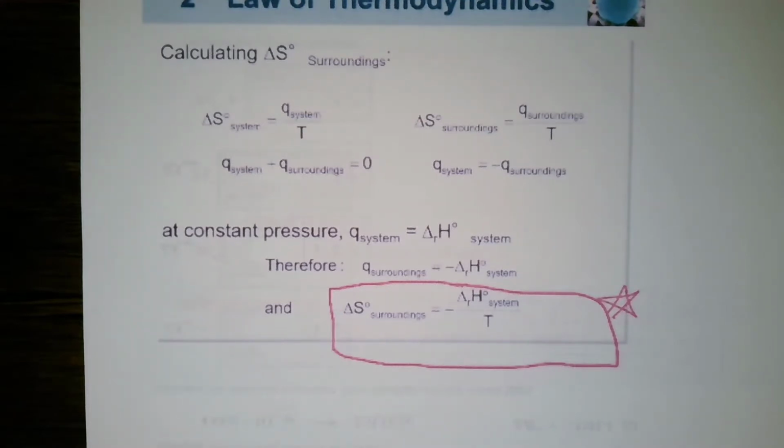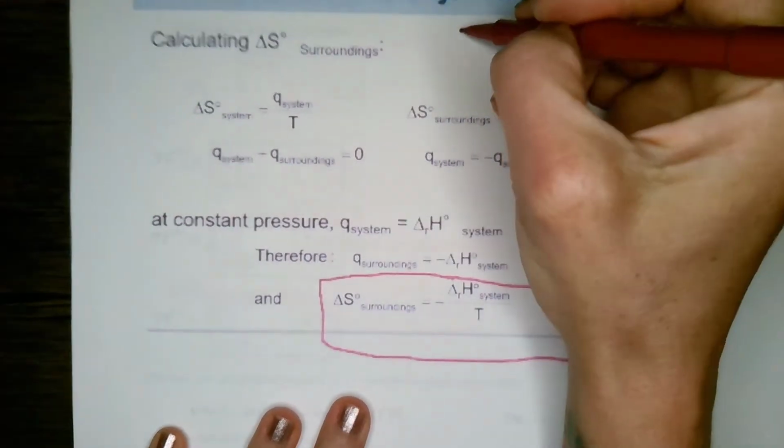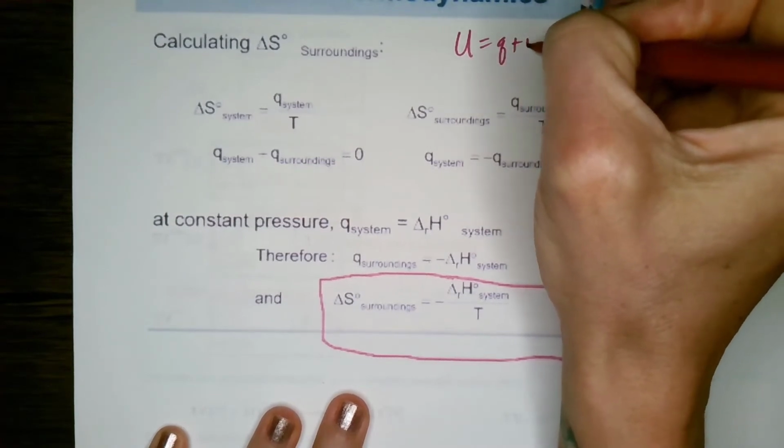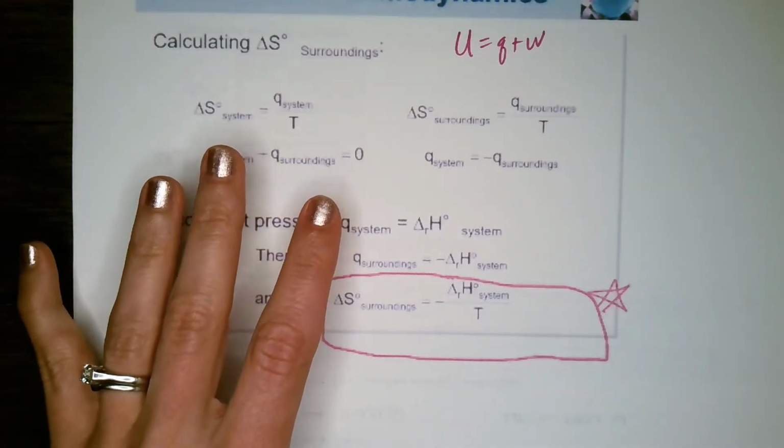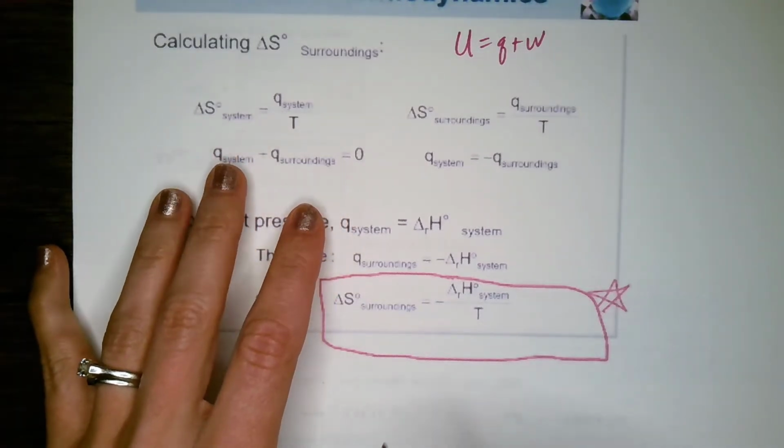So now we're going to take a look at going back to the second law of thermodynamics and integrate that with the first law of thermodynamics, where we learned that the first law is that the total amount of energy in the universe is the sum of heat and work. And we defined the system and the surroundings in that process as well.